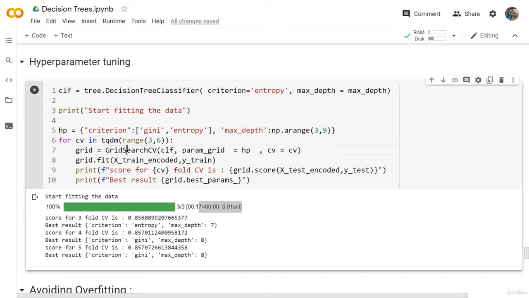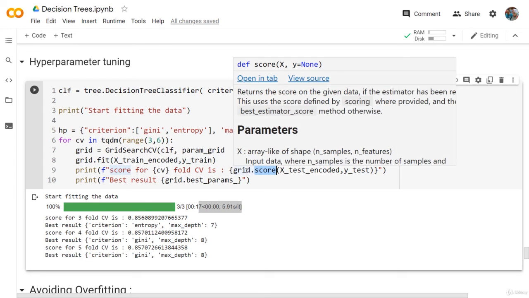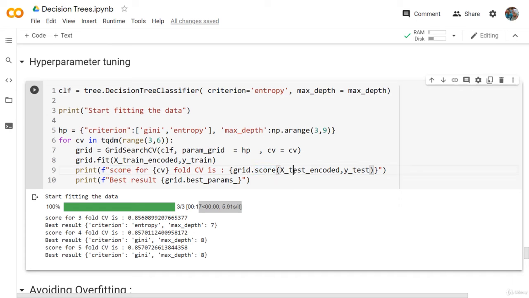So here we created the grid search, here we are using the fit function, and here we use the score. From the grid we use the score to get the score between X test and y test. So this will give us the best result we can get, and the best hyperparameters.